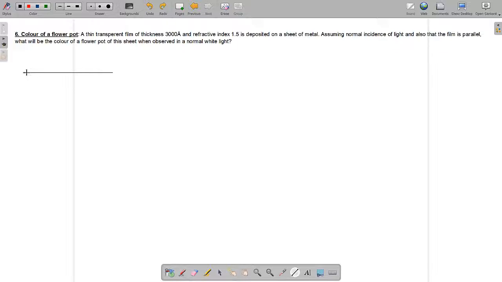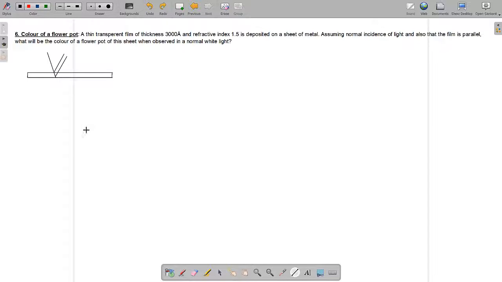Alright. So let's first say that there's this sheet which is made up of refractive index 1.5, and whose thickness is given to us as T, which is 3000 angstroms. Also, when light is incident normally, light will get reflected from both the surfaces, that is this surface as well as this surface.